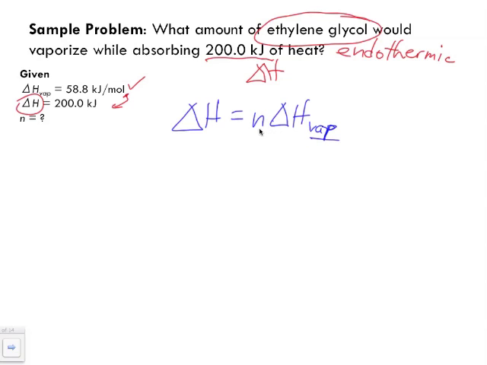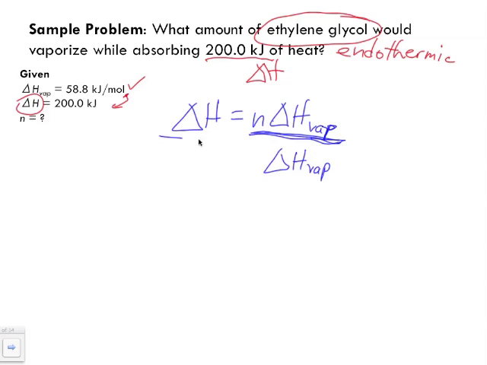Now, we want to isolate for n, so we want to get rid of this delta H of vaporization. The function between these two is multiplication, so to get rid of it, we're going to divide. I'm sorry for the basic little math lesson here, but I like to move around the letters of the equation early.